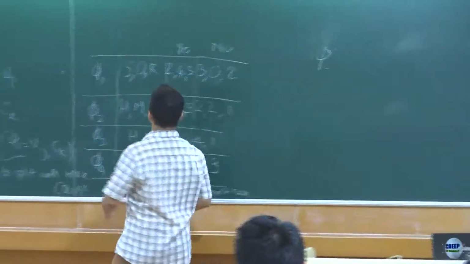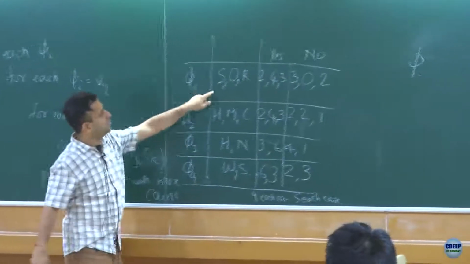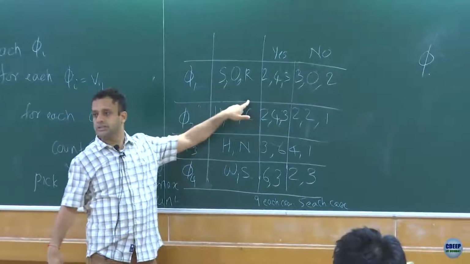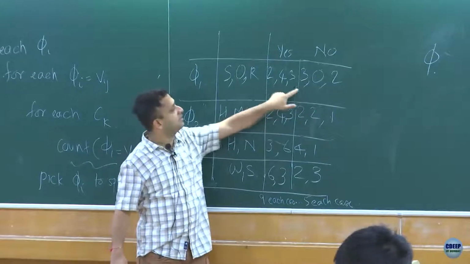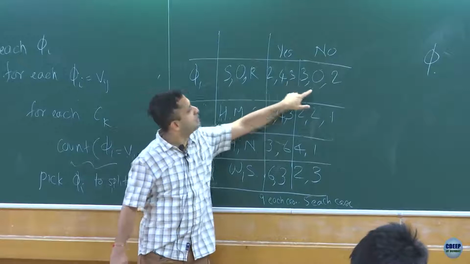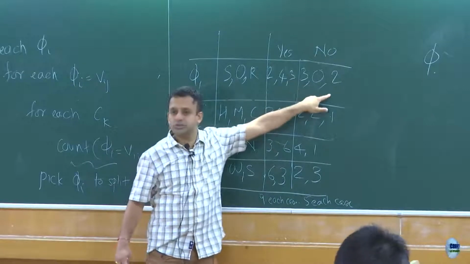If I start with phi 1 to split on phi 1, S, O, R, then what happens? The distribution is 2 yes and 3 no, 4 yes and 0 no's, 3 yes and 2 no's.